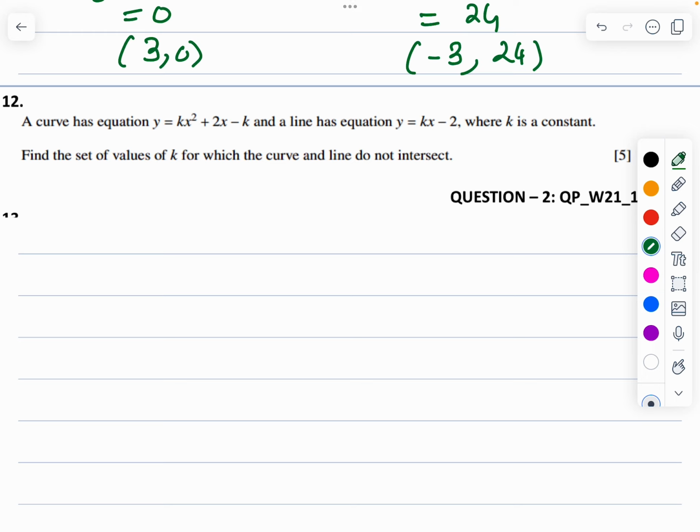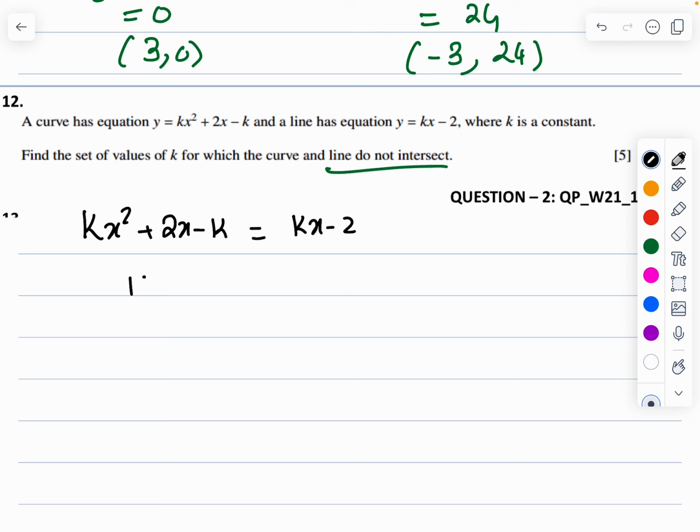Question number 12. The curve and the straight line are given, for which they do not intersect. So kx square plus 2x minus k equals kx minus 2.